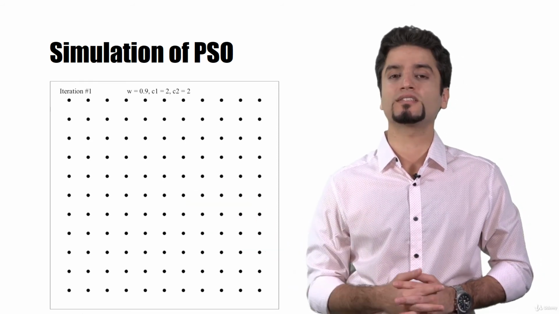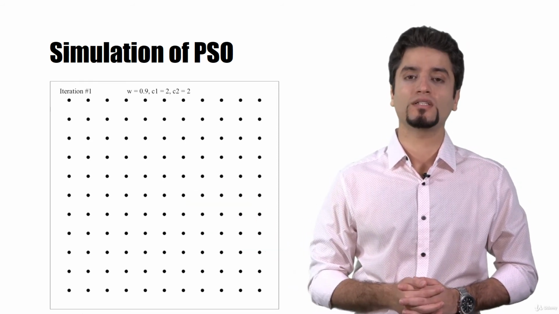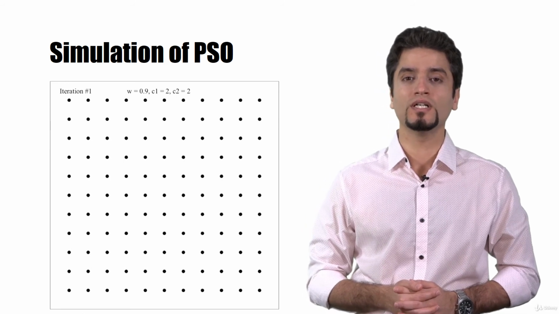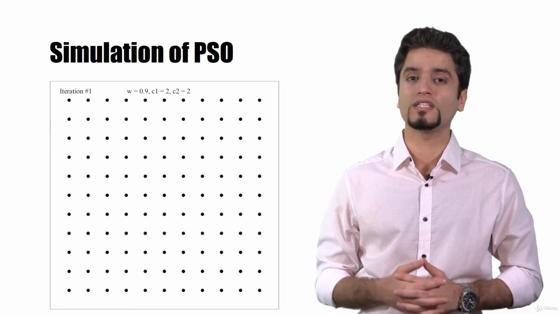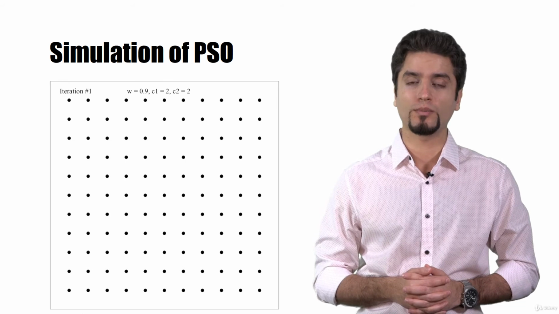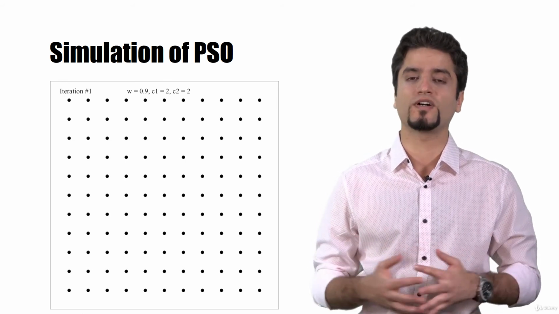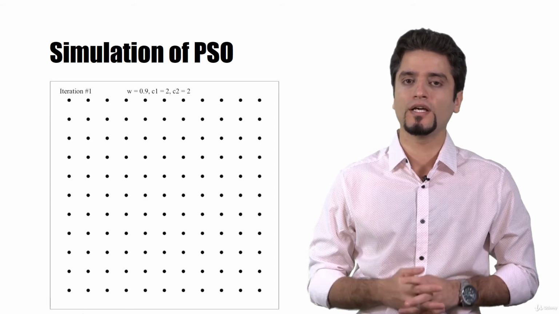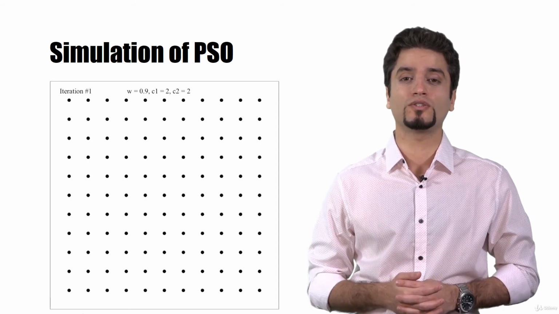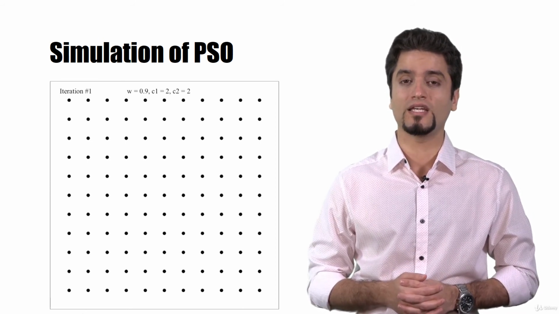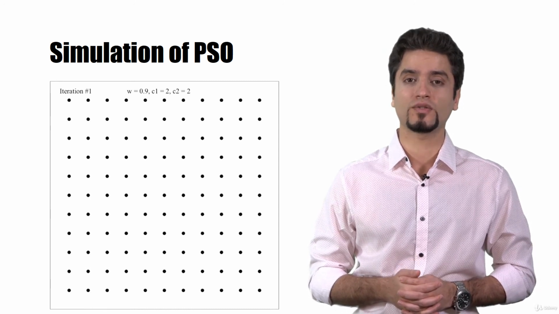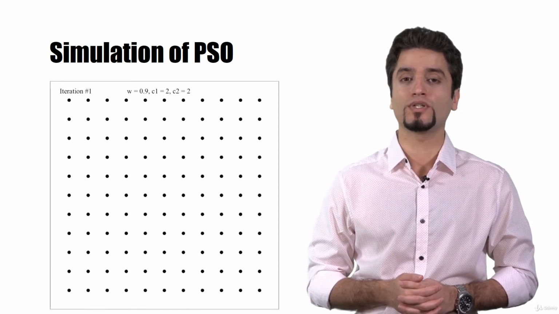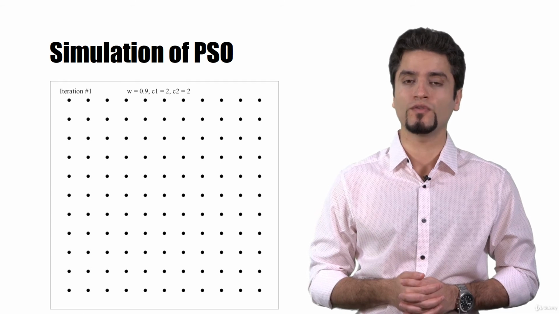You can see on the right hand side that we have 121 particles. We're going to require these particles to find the global optimum for a test function over the course of 500 iterations. C1 and C2 are both equal to 2, and the initial weight linearly decreases from 0.9 to 0.4.